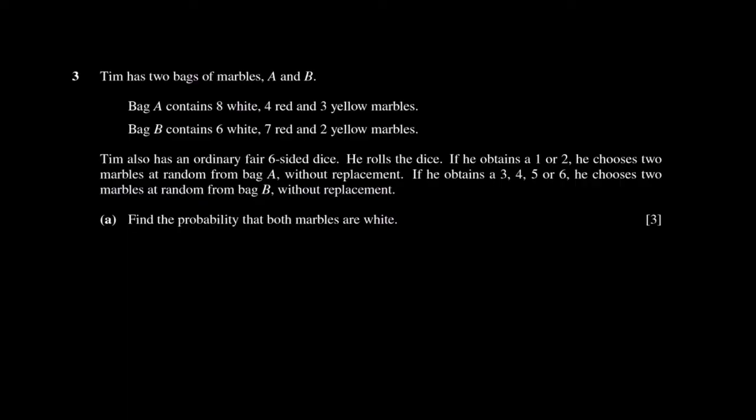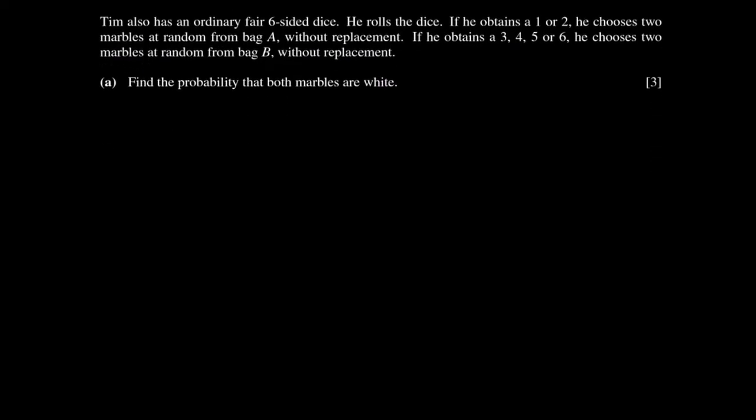Well, I think the best way to do this is to draw a probability tree. The first thing he does is roll his dice, and after he rolls, he's going to choose one of 2 bags.